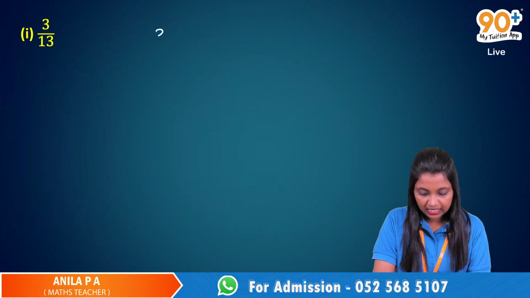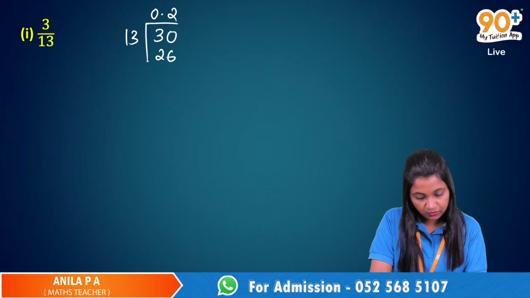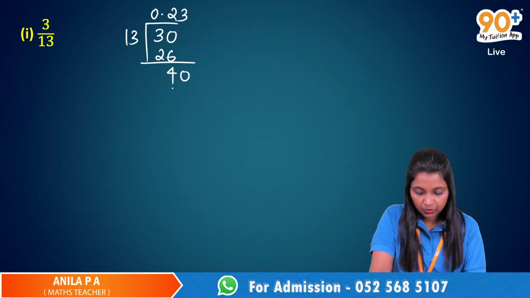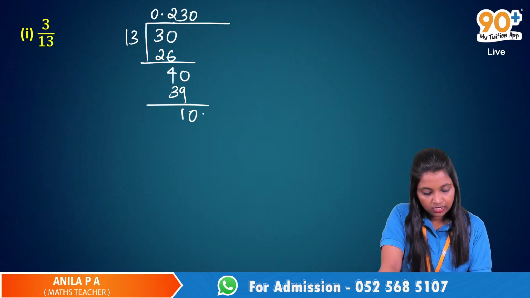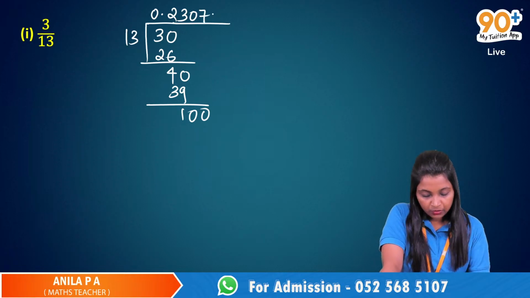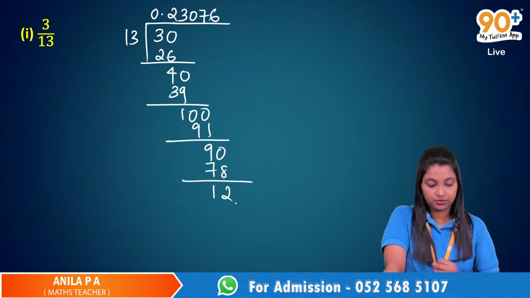See, it was 3 by 13 and we got 30, and the first one was 2, 26, 4 was the remainder, then 40 and then 3, it was 39, then 10, 0, 100 and 7 13s were 91, then 9, 90 and 6 13s were 78. Now just continue.